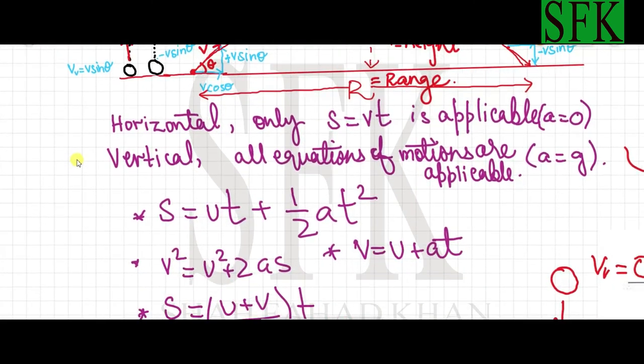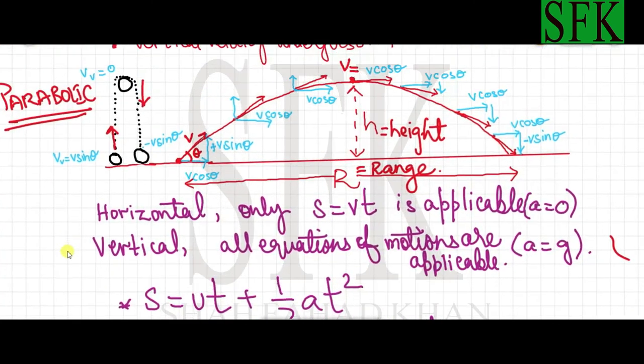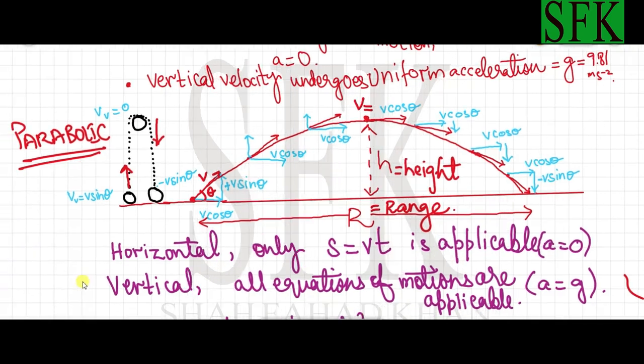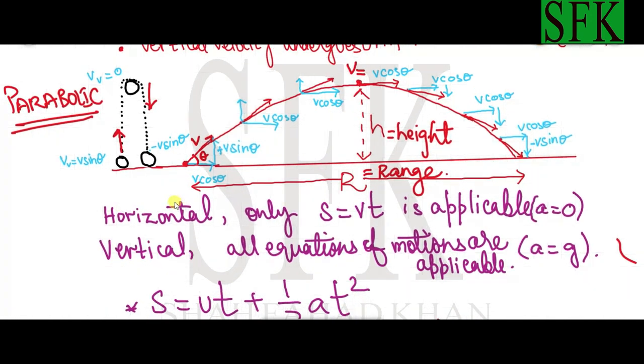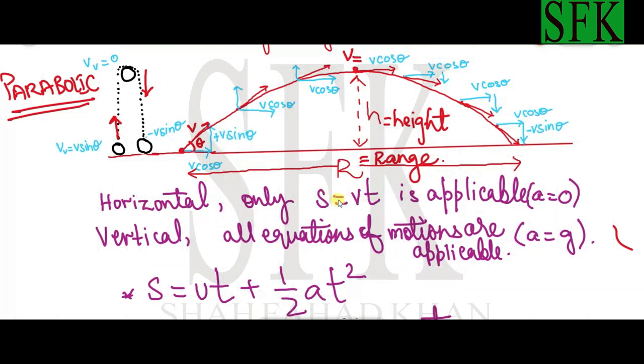Okay, now let's look at the equations that are applicable to the two parts of the motion of the projectile, the horizontal part and the vertical part. The horizontal part remains constant, so it's uniform motion, and the only equation of motion that is applicable is S equals Vt, where S represents the displacement, V represents the horizontal component of velocity.